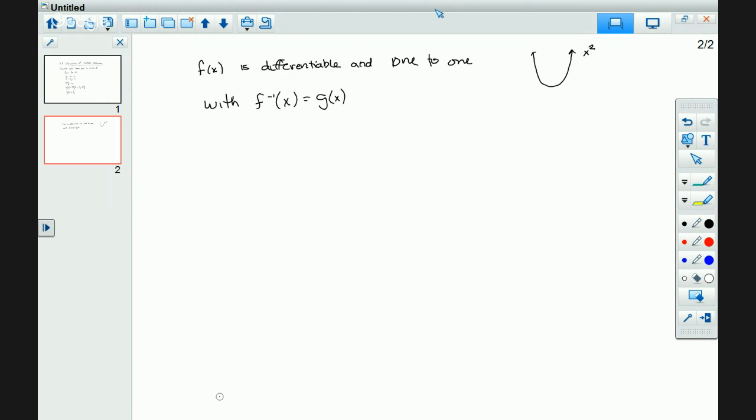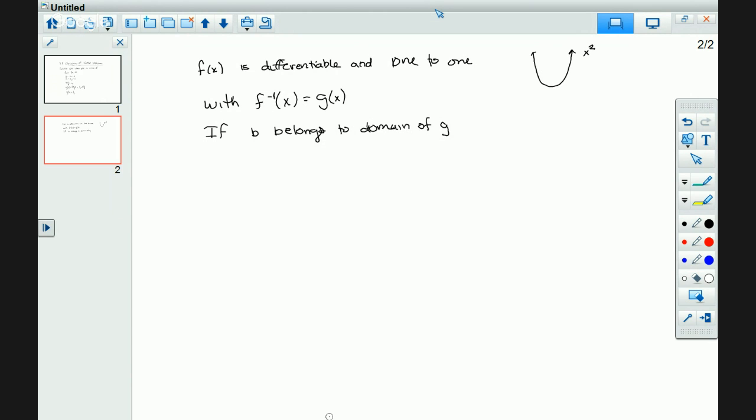So we're going to set the f inverse, we're going to call it g. If b belongs to the domain of g, remember, the domain of g is the range of f.